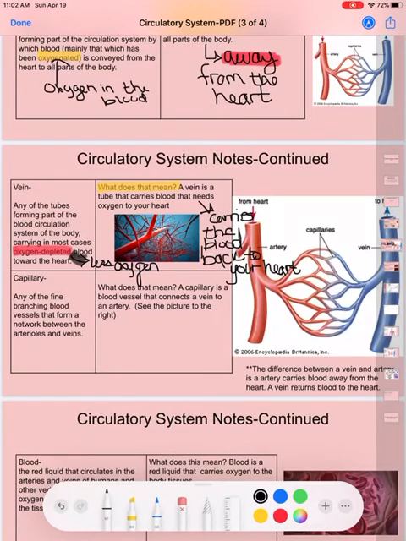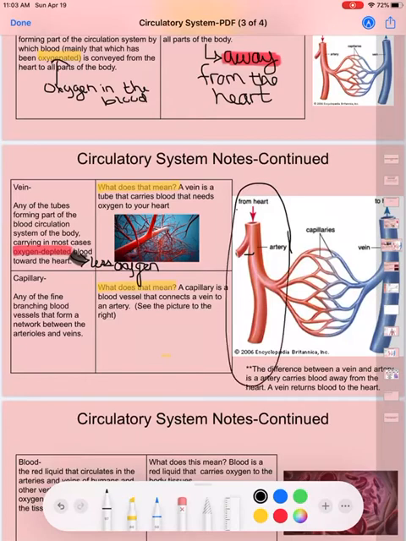Okay? So next we have our capillaries. Capillaries are any of the fine branching blood vessels that form a network between the arteries and veins. So what does this mean? A capillary is a blood vessel that connects a vein to the artery. So if we look at this picture, our artery is right here.